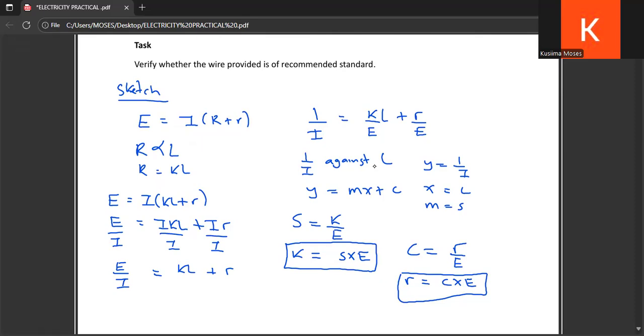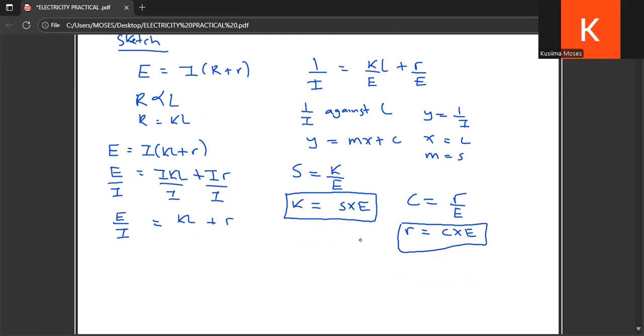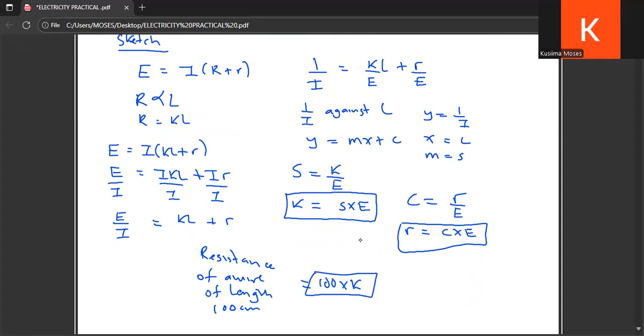After coming up with K, for example, the resistance of a wire of length 100 centimeters is going to equal 100 times K. This will give us the resistance in 100 centimeters.